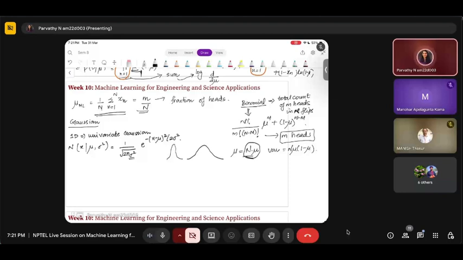So this is for the 1D Gaussian, and then you have the D-dimensional Gaussian. This is given by, so instead of variance, here we have covariance.